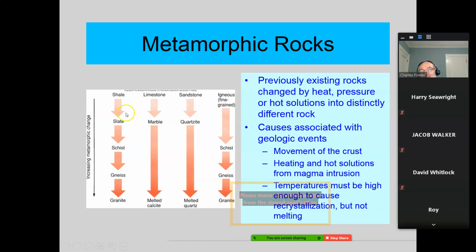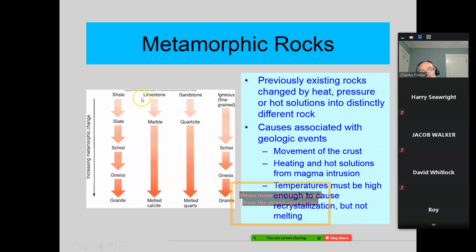That's a highly foliated rock. But then more pressure comes along and schist is coarsely foliated. And when it finally gets to gneiss, it's hardly foliated at all. Remember, that's the one that was all wrinkled and garbled and stuffed together. That was gneiss, not foliated much at all.